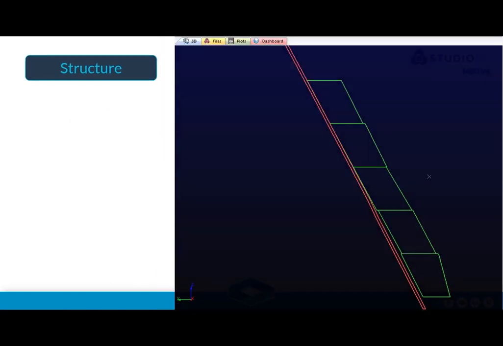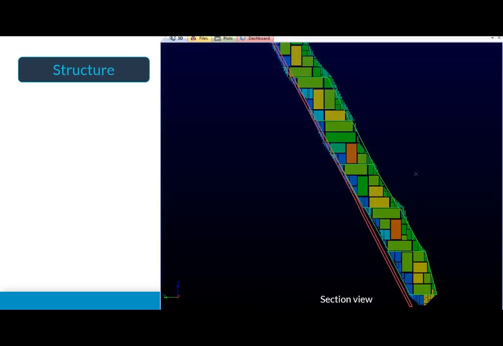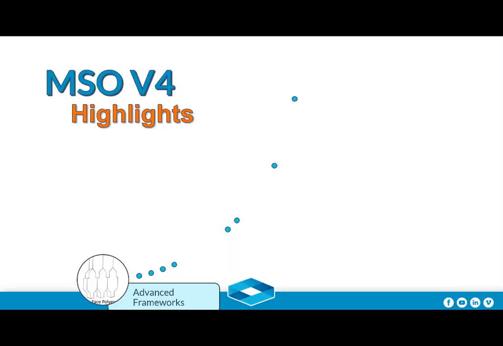Besides showing you MSO version 3, I'm just going to highlight what we talked about in MSO version 4. Just to go back, what were the highlights? So you remember and take that home.